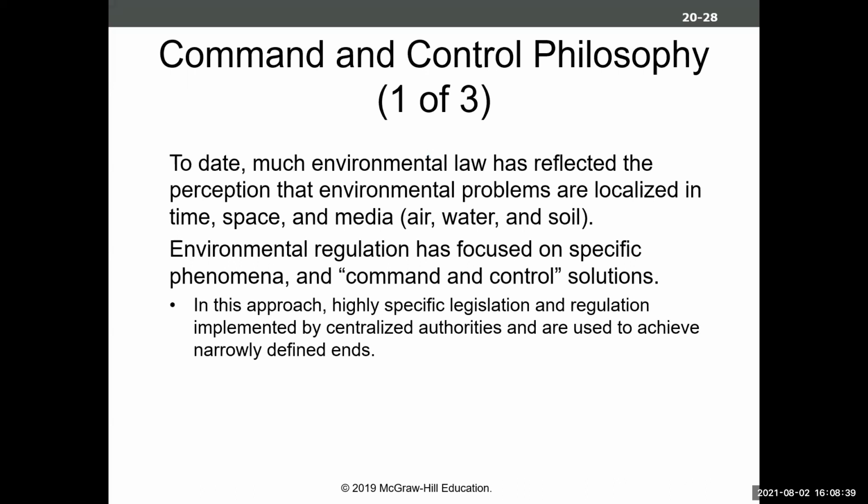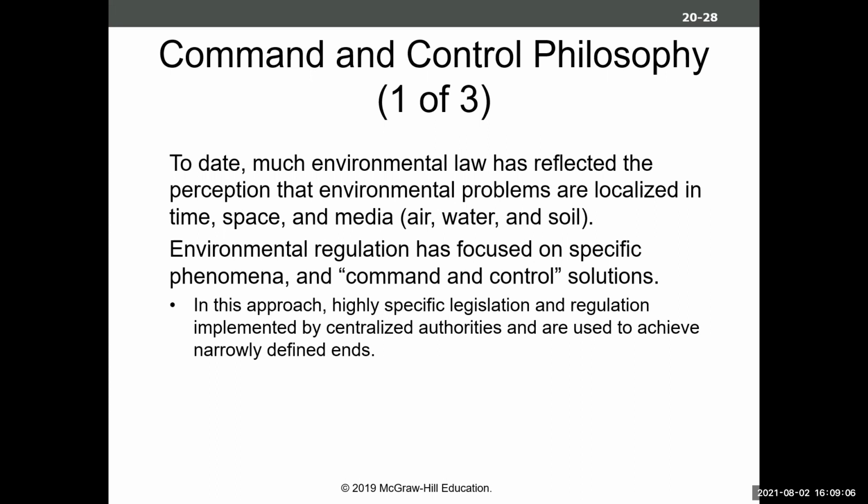And we mentioned this in the last chapter, this command and control philosophy. And so currently, a lot of the environmental law really has the perception that the problems are localized when they're really not. They really are cross-border, cross-space, cross-time problems. So they're in the air, they're in the water, they're in the soil, and that doesn't follow our boundaries, right?